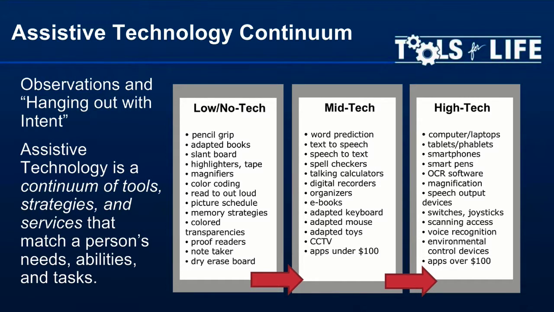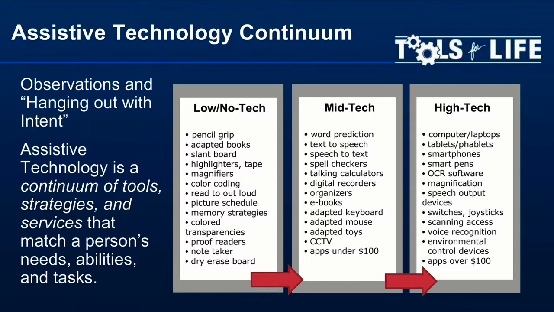So assistive technology is a continuum of tools, strategies, and services that match a person's needs, abilities, and tasks. As you can see here in this first box, this is just a few examples of low and no tech assistive technology. Things like pencil grips or adapted books, highlighters, tape. These are all things that can often be free or low cost, things like proofreaders, note takers, even a dry erase board.